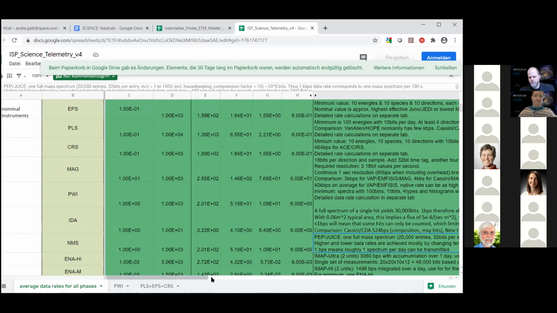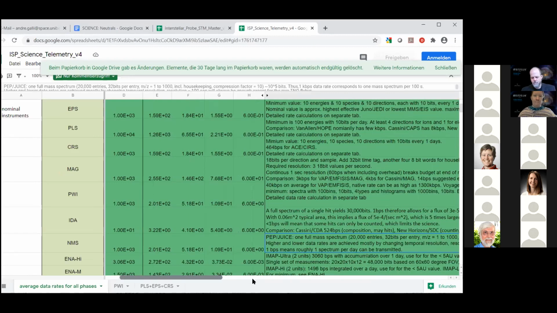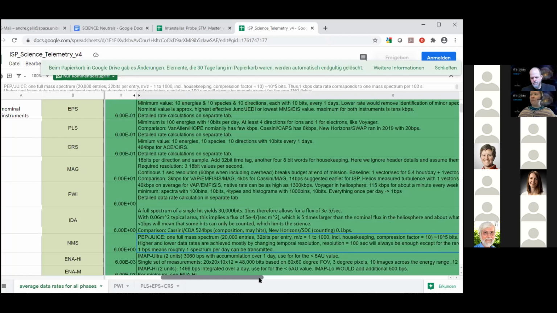And here we have experience of what we can promise and what not. If you go for a neutral mass spectrometer, then we know from PEP experience, on board the Jupiter Icy Moons Explorer, what it means.